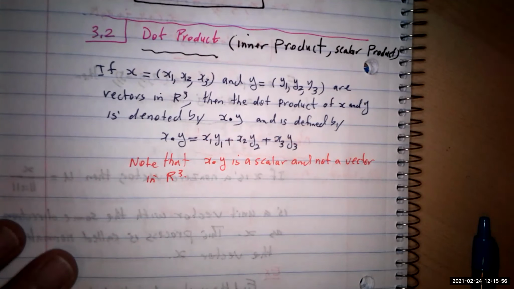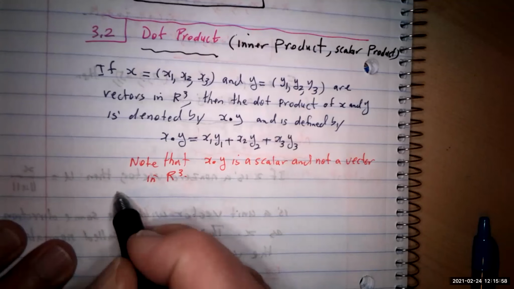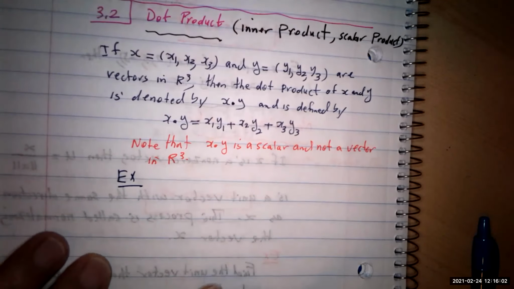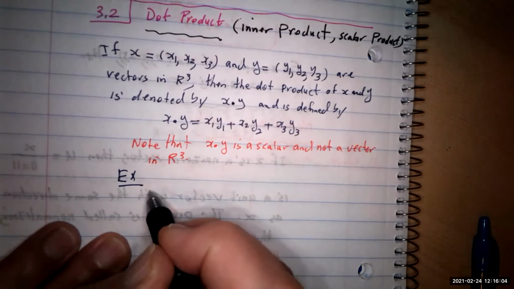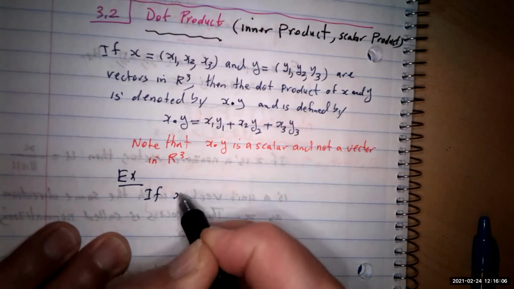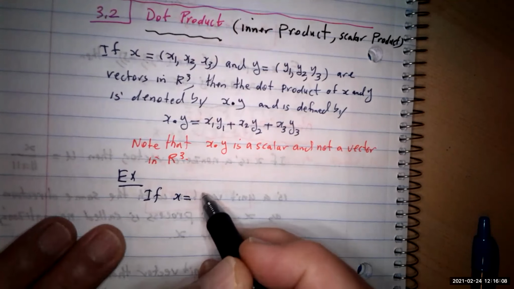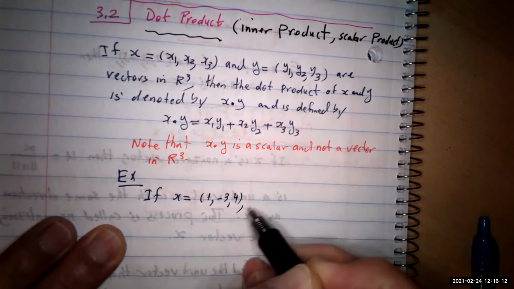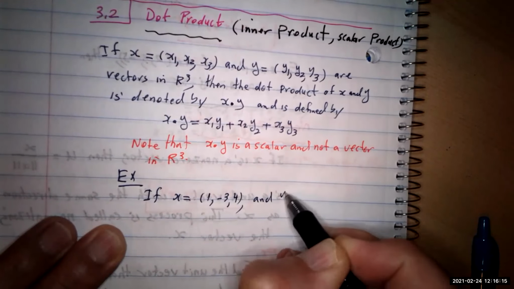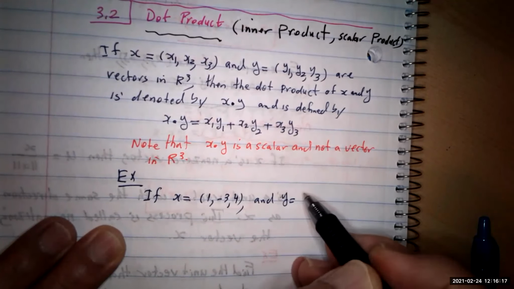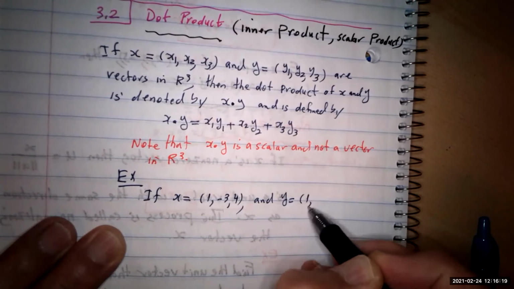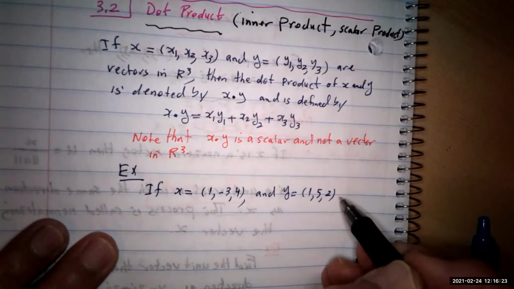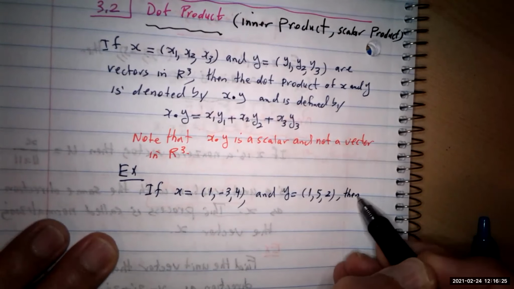Okay, example. Two vectors would be given, and they ask for the dot product. So the example: if x is the vector 1, -3, and 4, and y is equal to 1, 5, and 2, what's going to be your dot product?